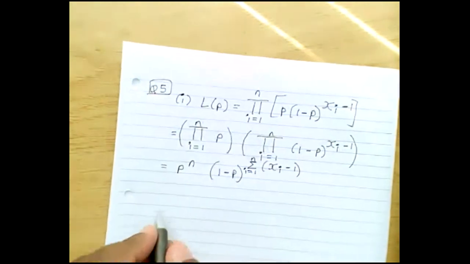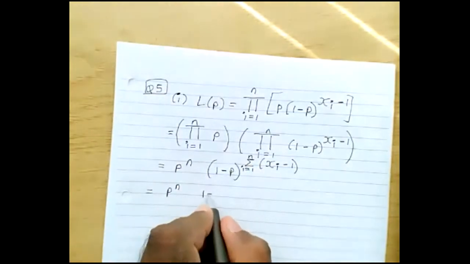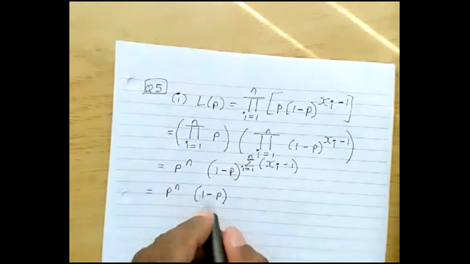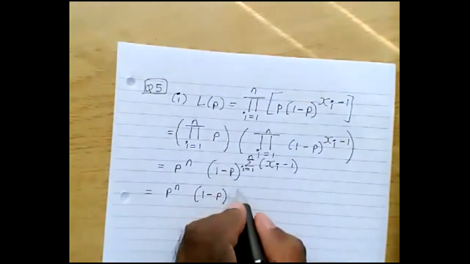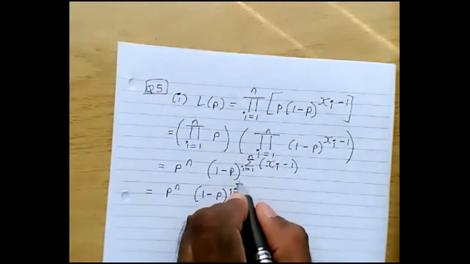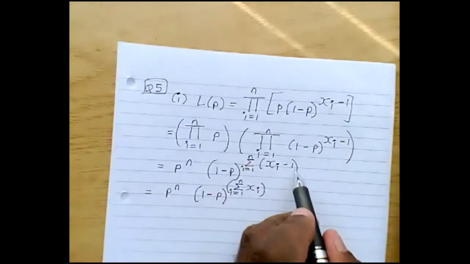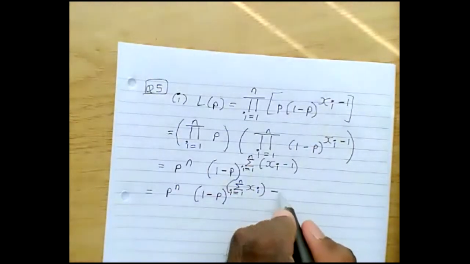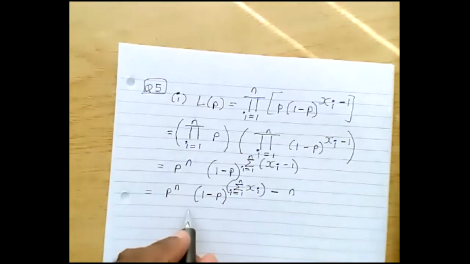So this is p to the power n, times 1 minus p to the power of, if you take the summation inside the brackets, the sum of x_i minus the sum of 1, which is n. So this is what you get. This is the likelihood function.